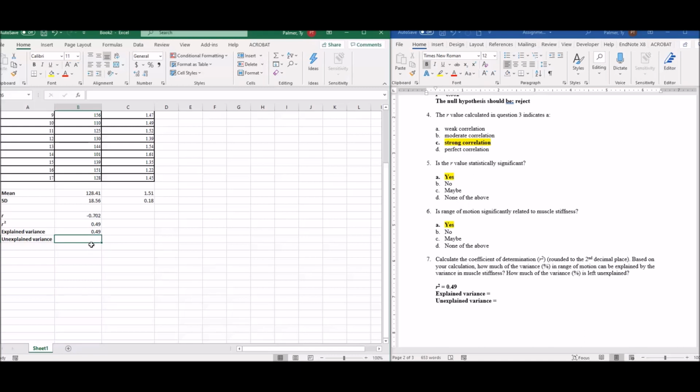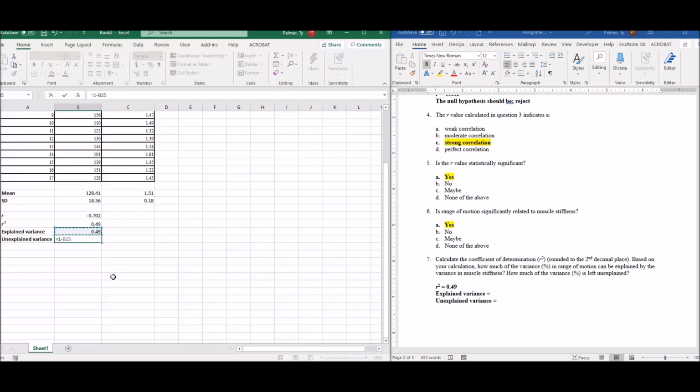The unexplained variance, what is that? And you'll notice that's the next thing that's asked in question number 7. How much of the variance is left unexplained? To calculate this, it does again briefly talk about this in the PowerPoint. The equation for unexplained variance is simply this here. If you want to calculate unexplained variance, which we do for question 7, highlight the cell next to the label, click equals on your keyboard, and then hit the numeral 1, minus, and then we're going to subtract the explained variance.